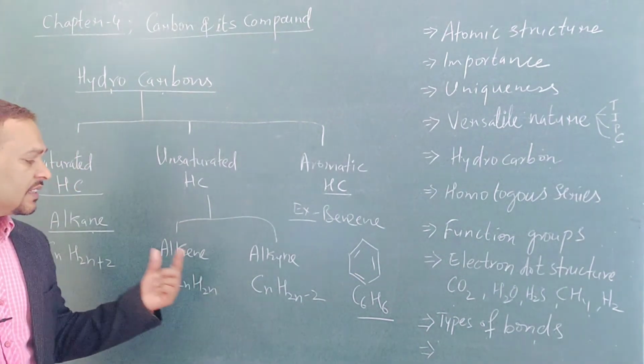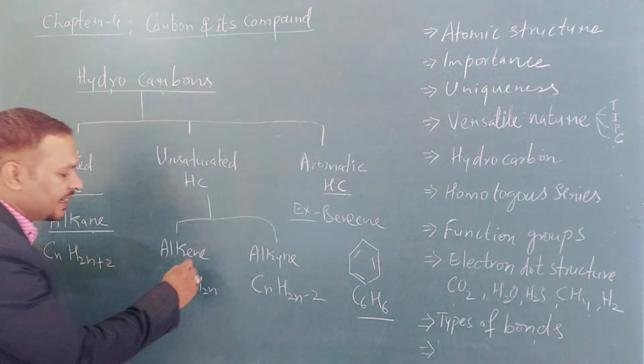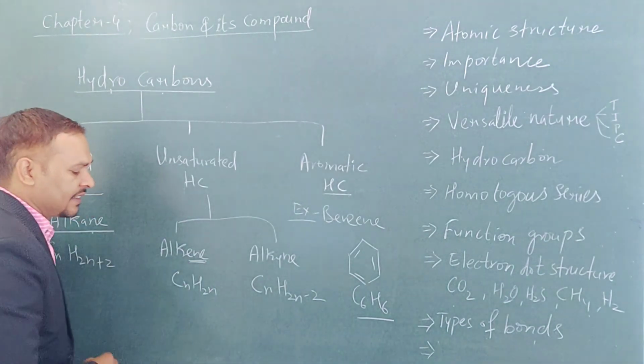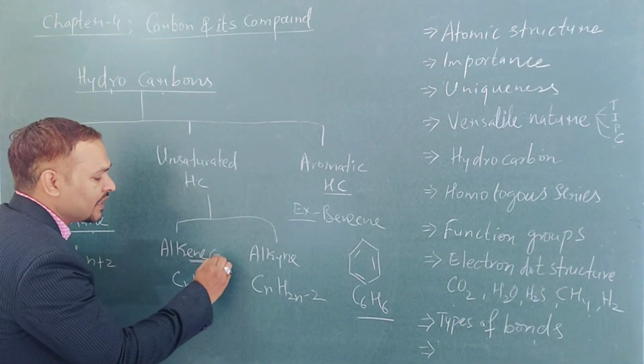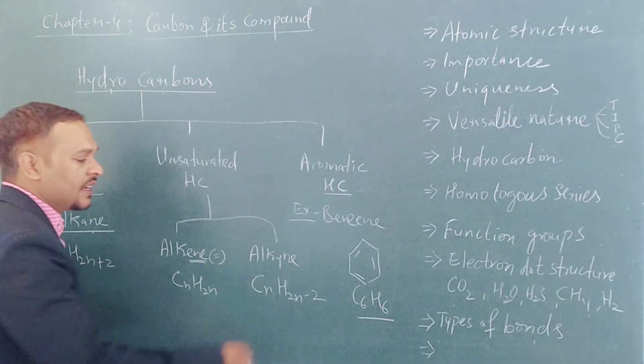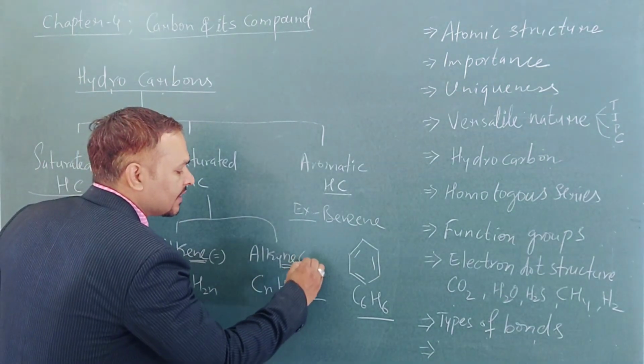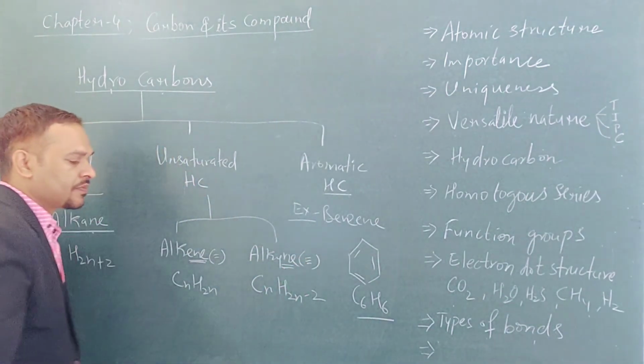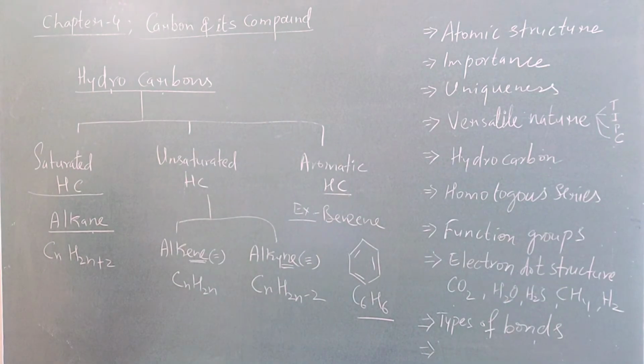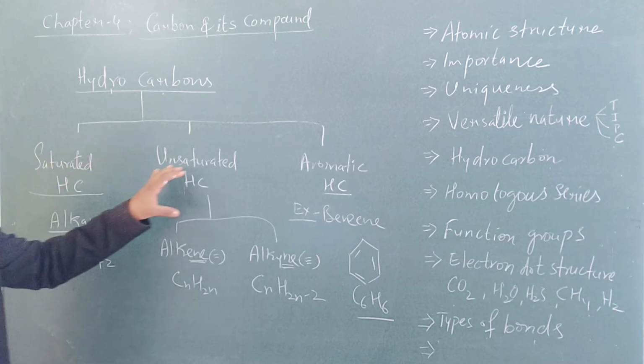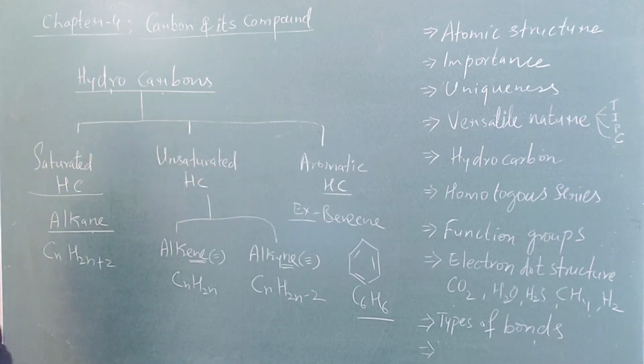In alkene the double bond is present, so you can just remember the suffix ene means double bond is present, and in case of alkyne triple bond is present. So they are the classification of hydrocarbon: saturated, unsaturated and aromatic.